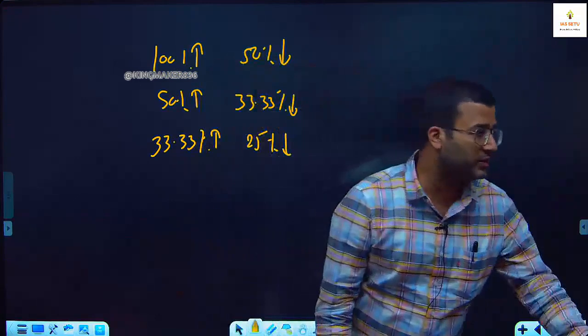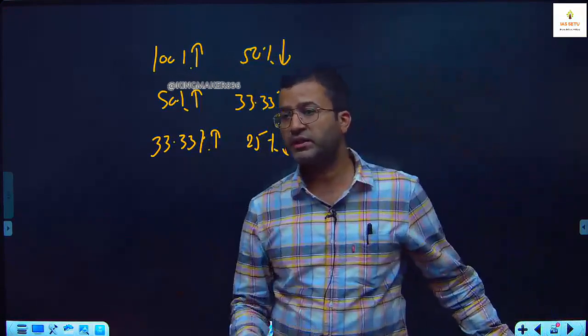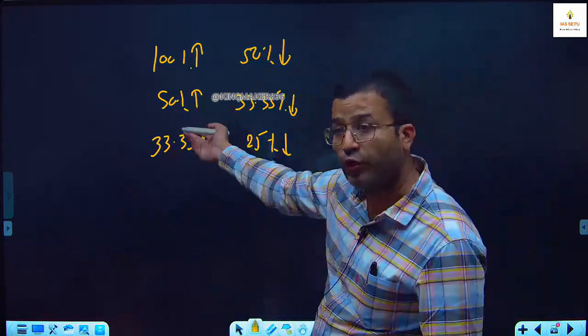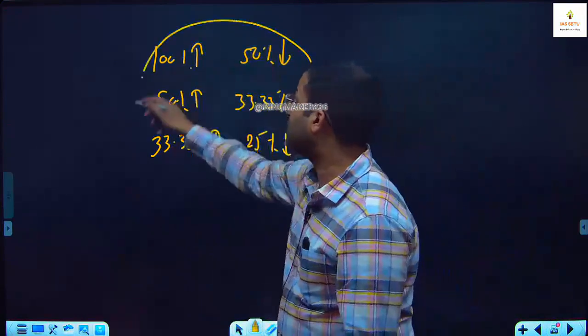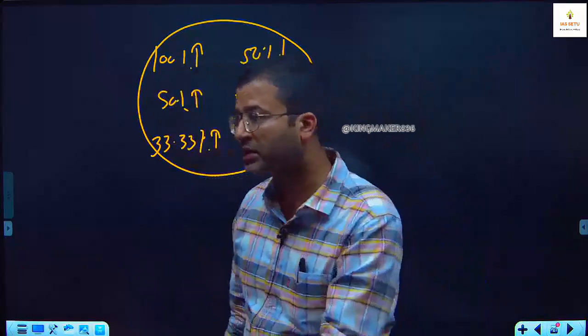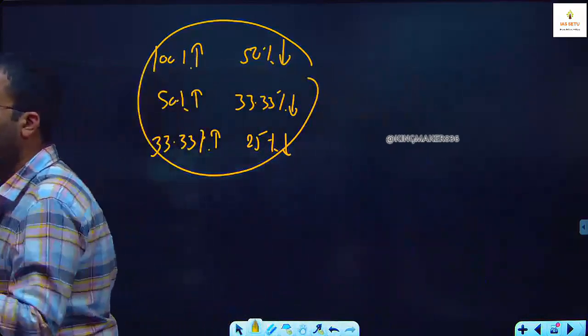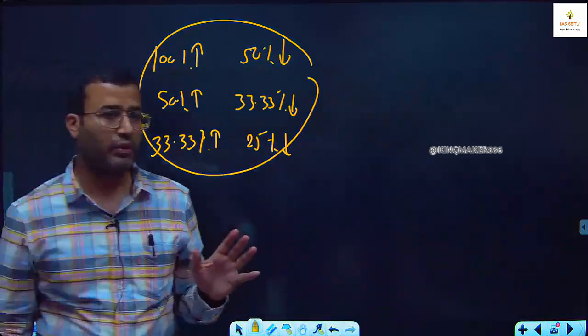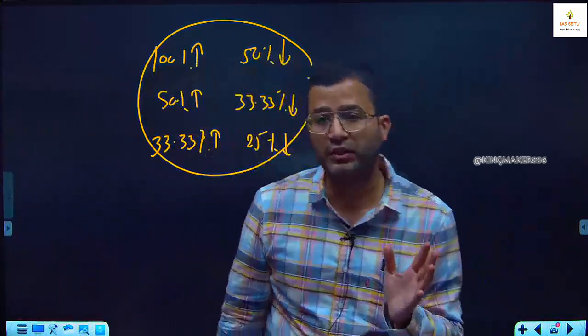What about 60%? What about 75%? Here we don't have those values, 40%. So this table tells you only limited values, 100%, 50%, 33.33%, 25%, 20%. Then you can say why I have wasted your time.